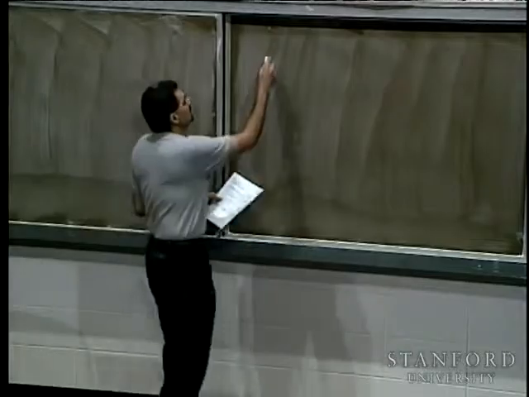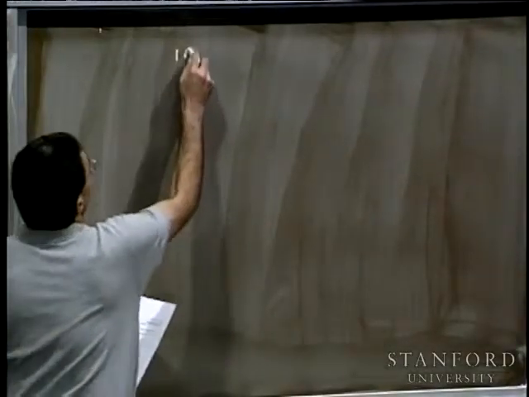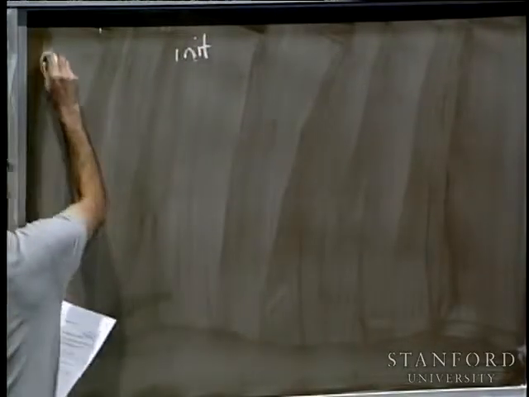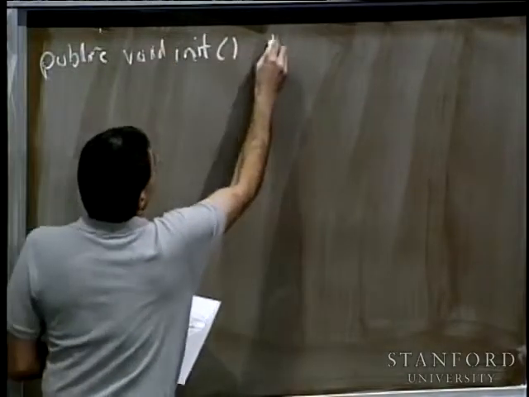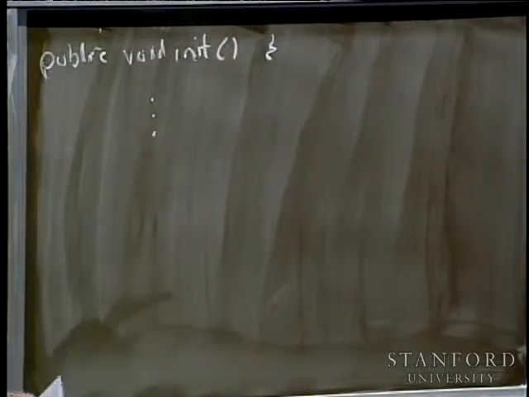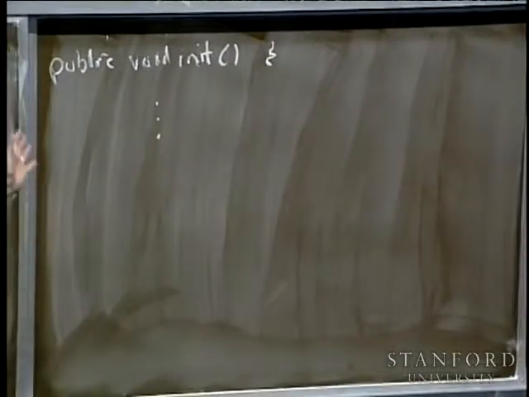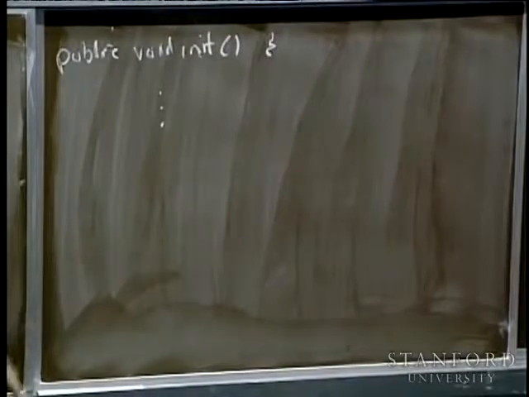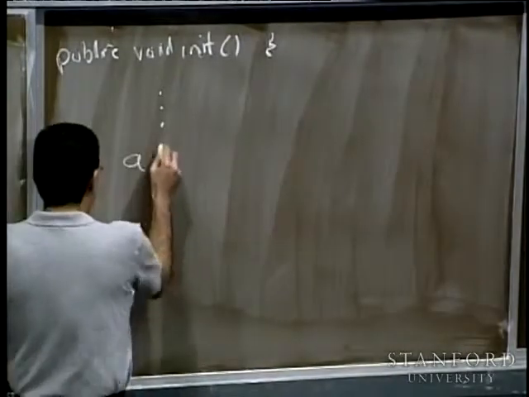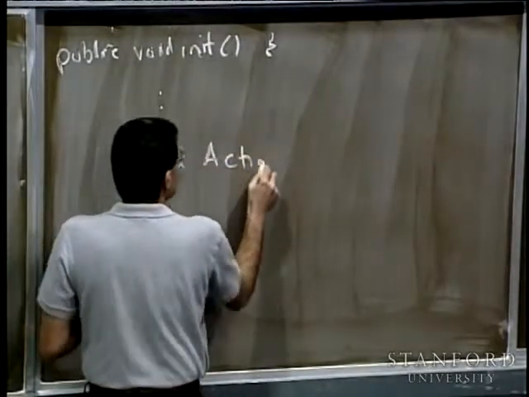So one of the things we talked about is how in your program, say in your init method, public void init, inside here you would set up the parts of your program that you want to actually do something, like the various interactors, so that when someone clicks on them something happens. And then you would say add action listeners.